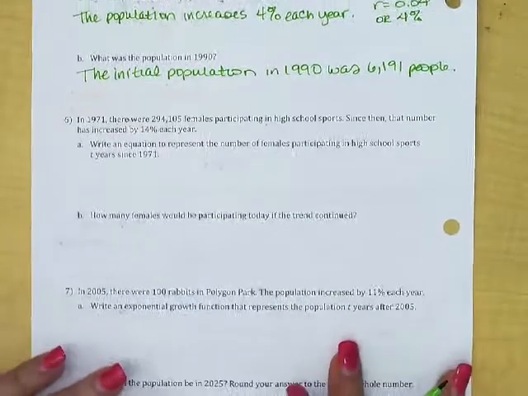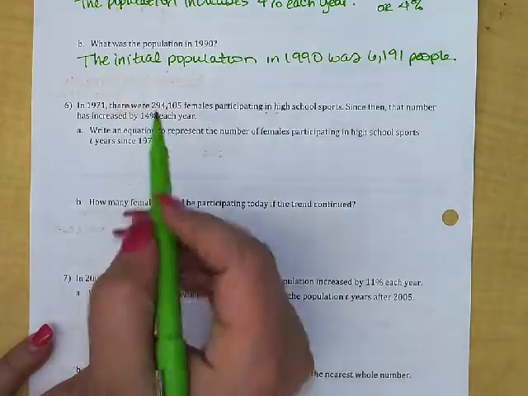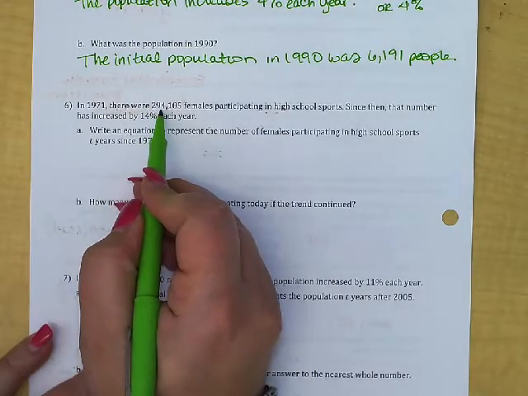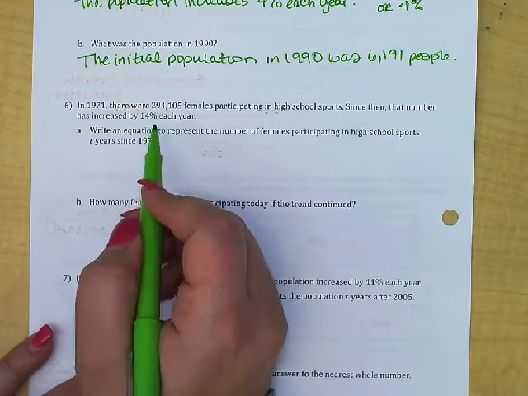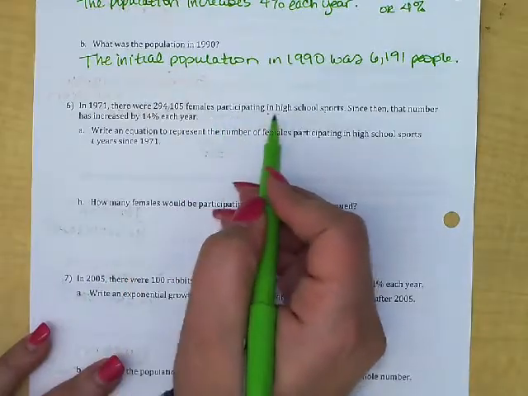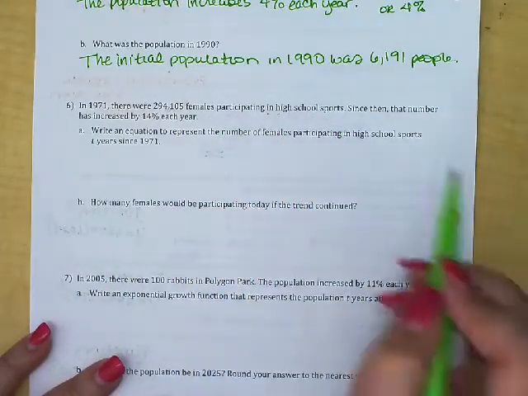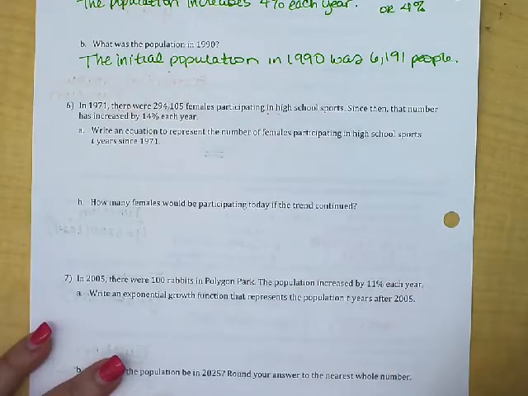Okay, let's go on to number 6. It says in 1971, there were 294,105 females participating in high school sports. Wow, good morning. Since then, that number has increased by 14% every year.